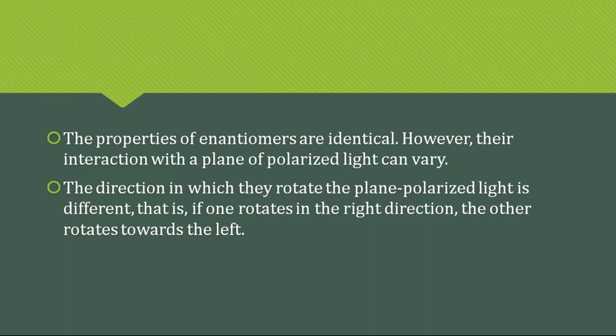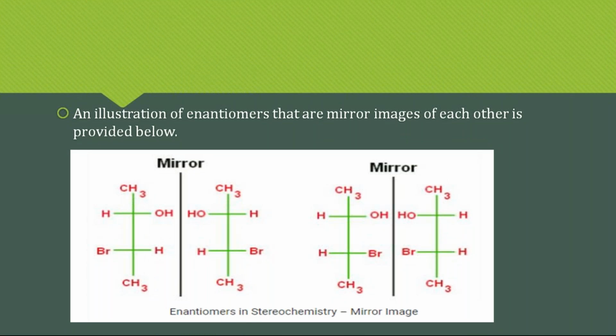So the properties of enantiomers are identical. However, the interaction with plane polarized light can vary only in rotating the plane polarized light. The direction in which they rotate the plane polarized light is different. That is, if one rotates in the right direction, the other is going to rotate towards the left direction. So you can see an enantiomer example.